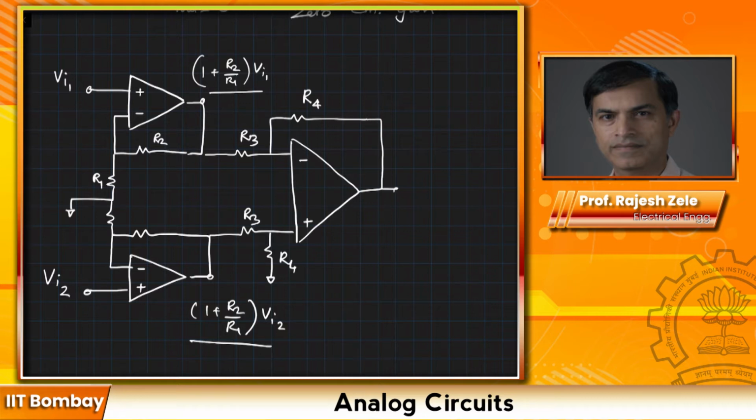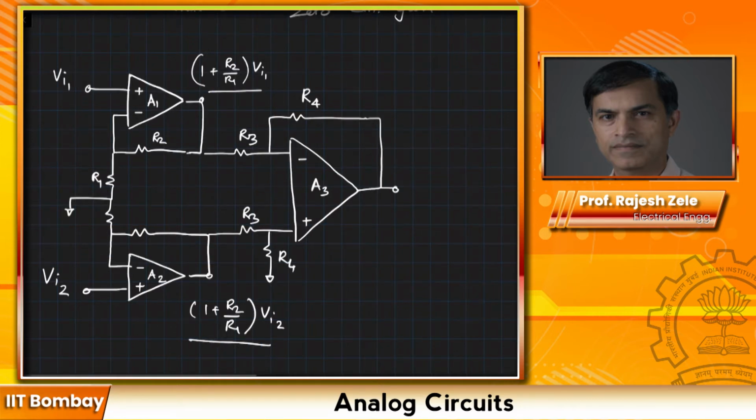So the second amplifier, which uses op amp A3, this is op amp A1, op amp A2, will give you the difference between VO1 and VO2. Okay, and the gain would be, as we derived earlier, R4 divided by R3. That would be the gain, and we have to of course take into account that this would be your negative terminal and this would be your positive terminal for this difference amplifier.